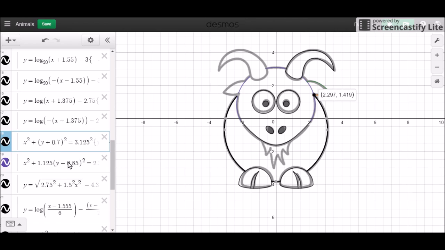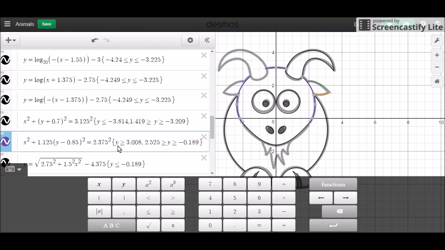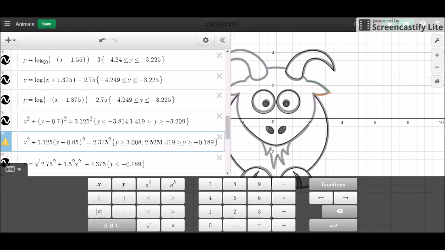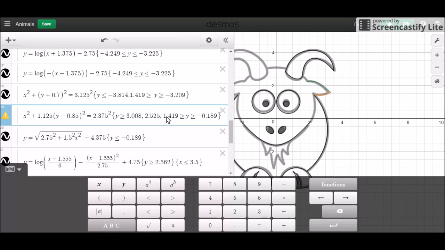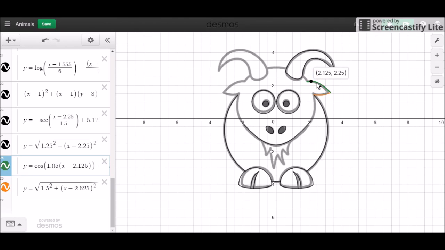And this is 1.419, so it's going to go to, this is the top half, and I want the bottom half. I need to put this into 2. And this one, I have to pick it off from this y value. It's about 2.222.